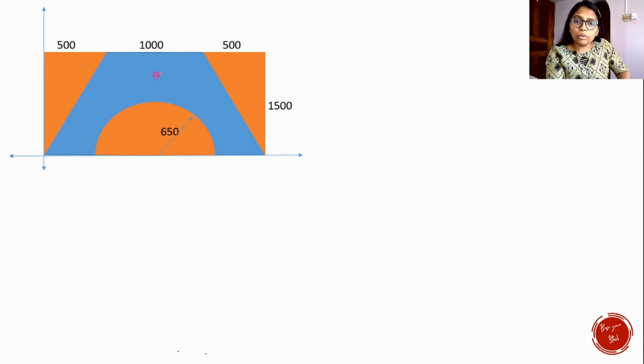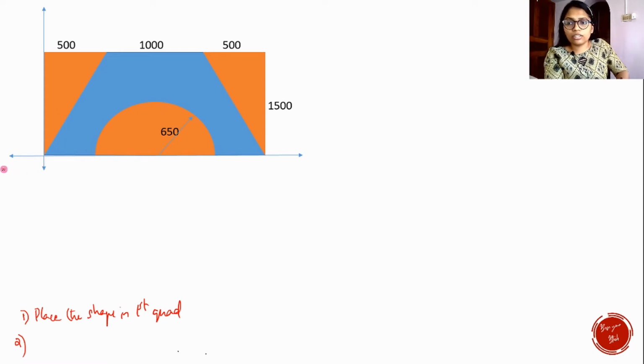I mean the blue shape. We focus only on the blue shape, isn't it? So the first step is you need to place the shape in the first quadrant. And second step, I have done this already because here is your negative x axis and y axis.